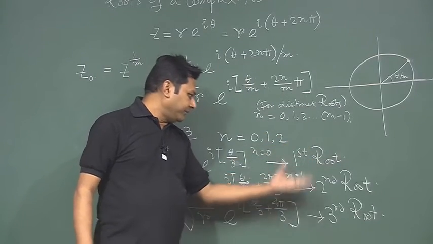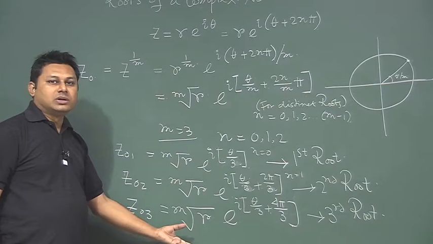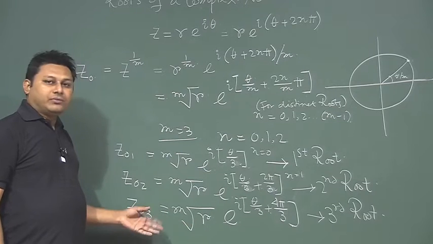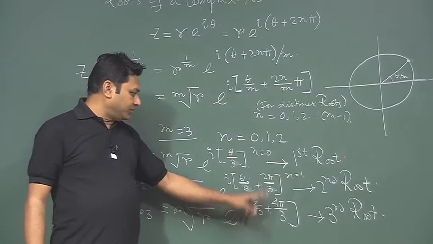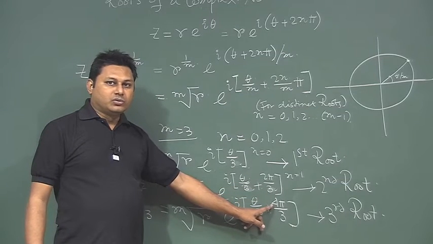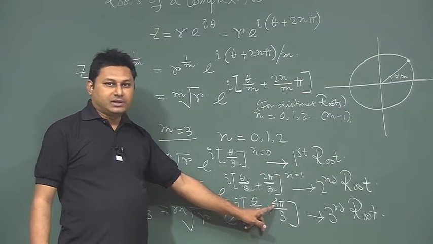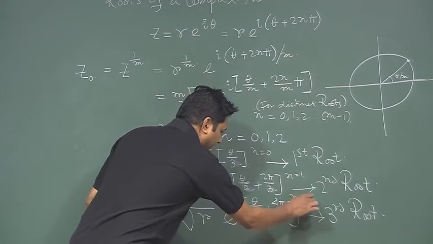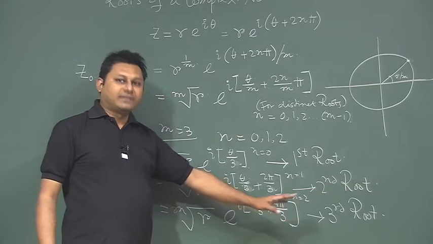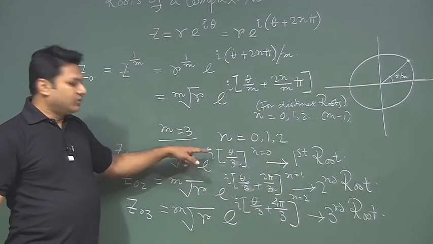So, for m equal to 3 I will have 3 distinct roots. As I mentioned, if I go to the next root, it will convert to the first one if I put n equal to 3. Here I put n equal to 0, 1 and here n equal to 2, not n equal to 3. I stop here. After that, I will return back to my first one.